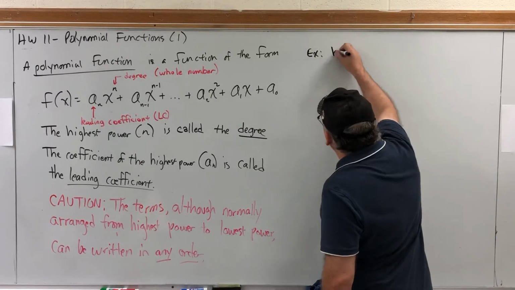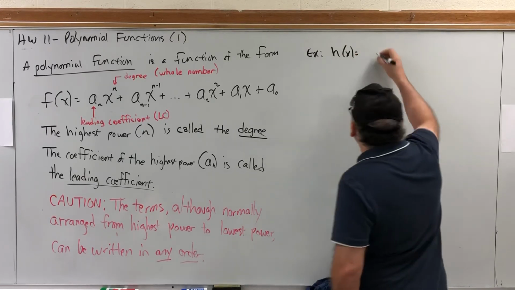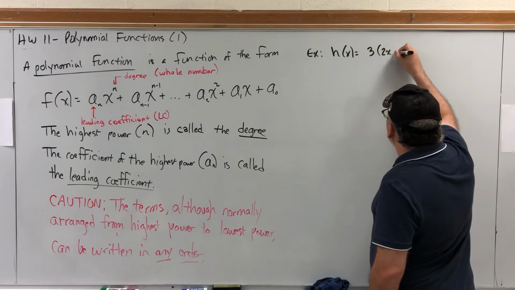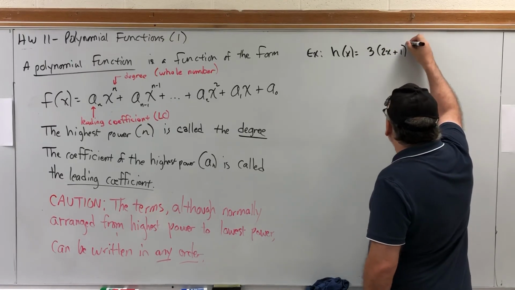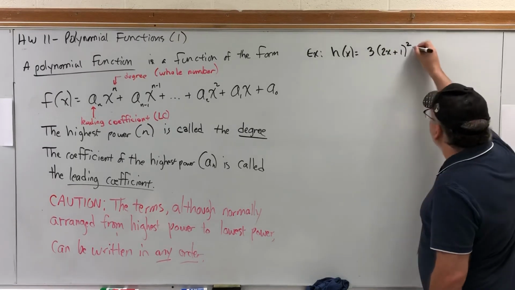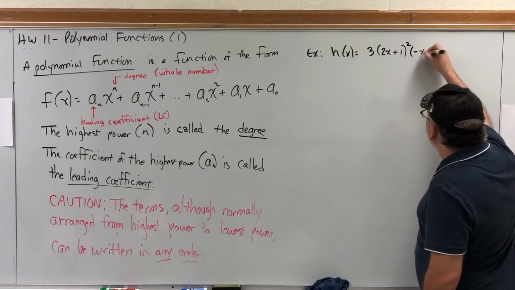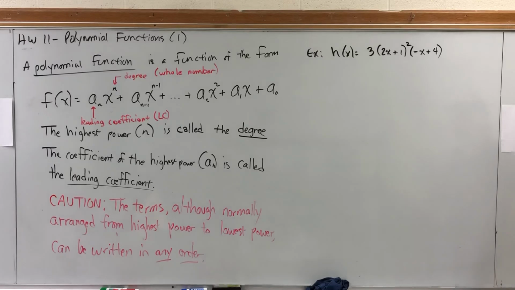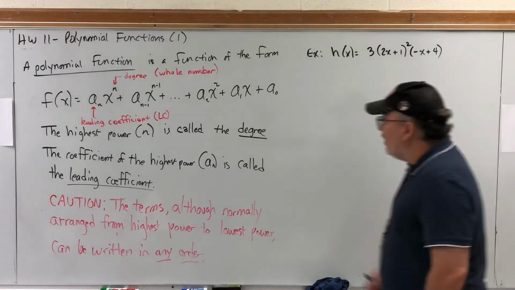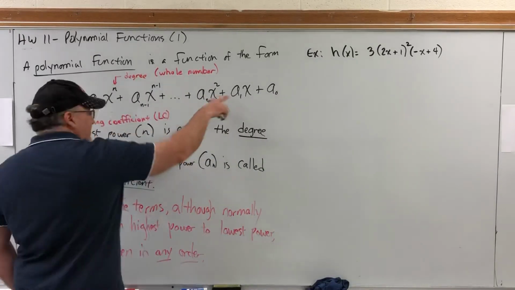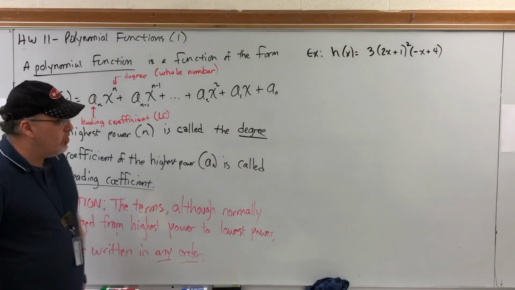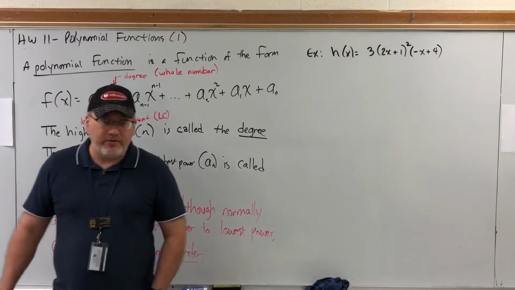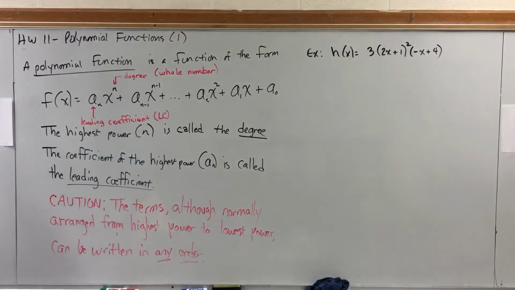For example, let's take h of x equals 3 times parentheses 2x plus 1, and outside the parentheses squared, times negative x plus 4. That is a polynomial function. Although it does not look like the definition, I think this one is going to merit its own video, so we're going to pause this one and start the next video with this example.